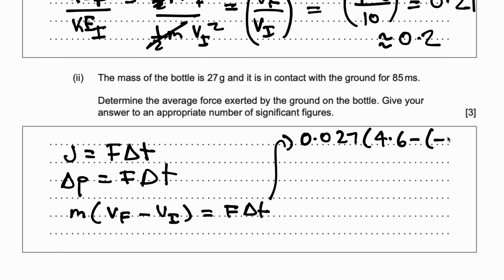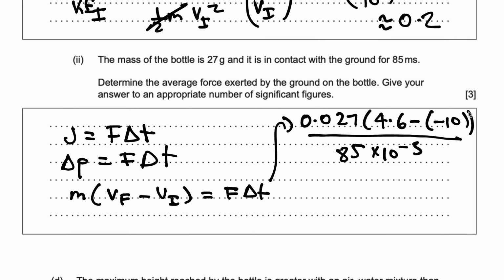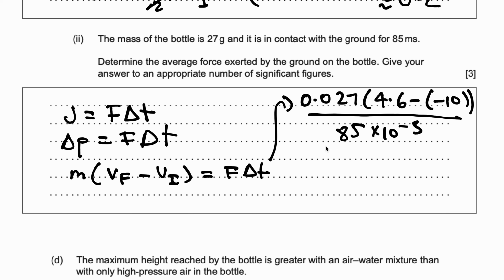So minus 10, over 85 milliseconds, so 85 times 10 to the power of negative 3 seconds. This will give me the force. So force, if I put this on my calculator, comes out to be 4.6 newtons.